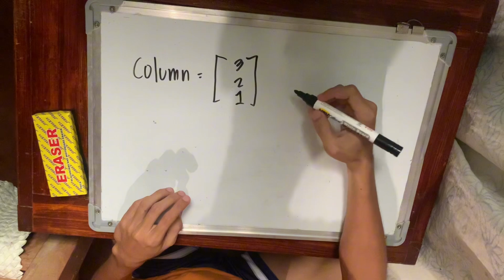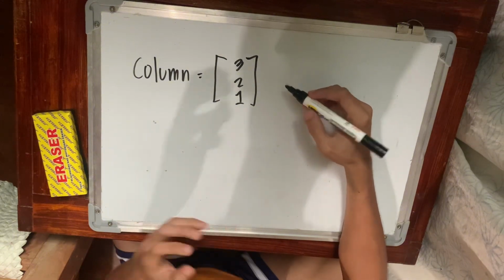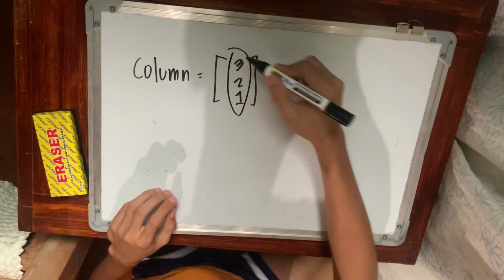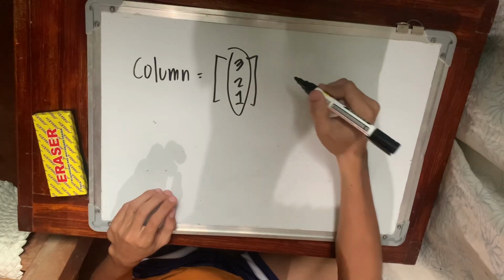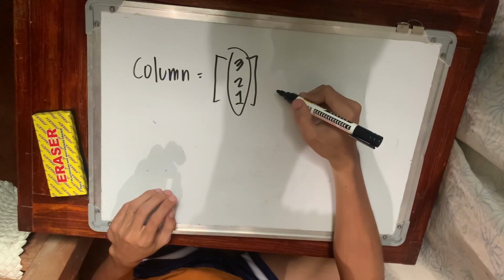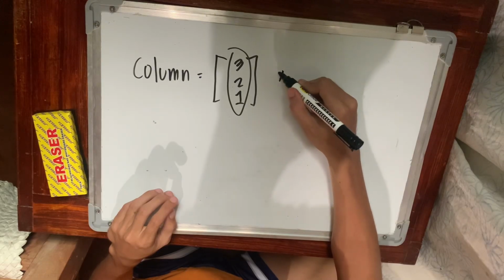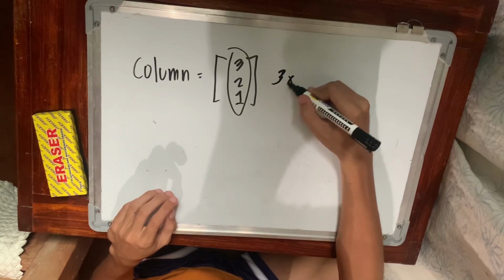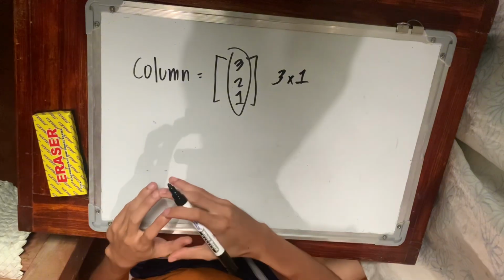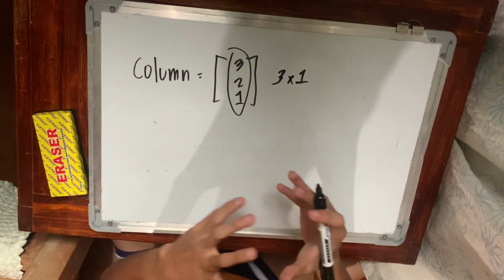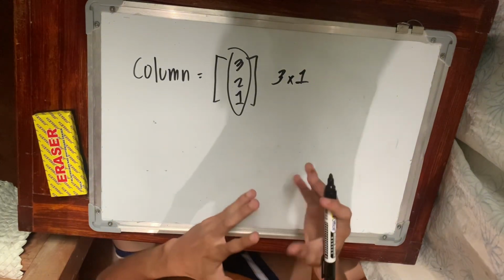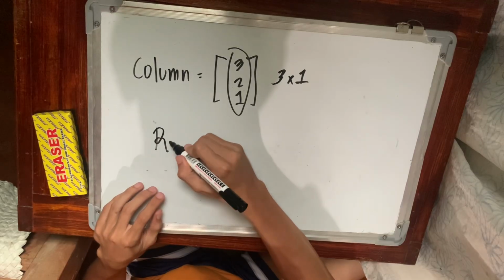We call it the column vector because it only has one column and three rows. So the size of this matrix is a 3 by 1 matrix.